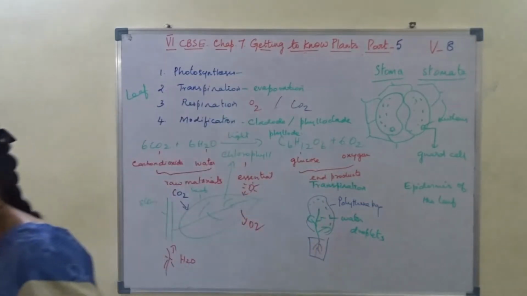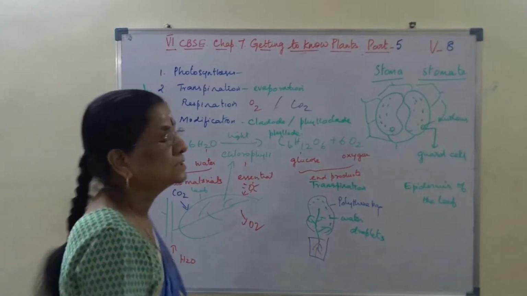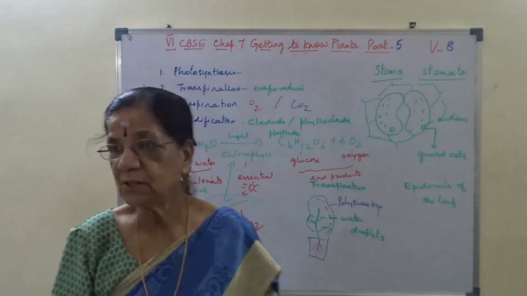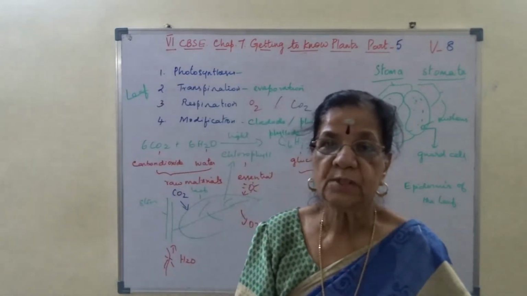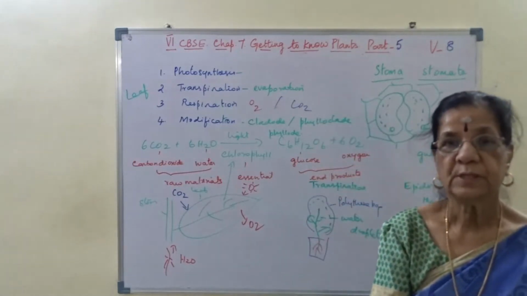We are learning about phylloclad or cladode and phyllodes. What do we know? When the stem does the function of leaf and the leaves are much reduced, it is said to be cladode or phylloclad.